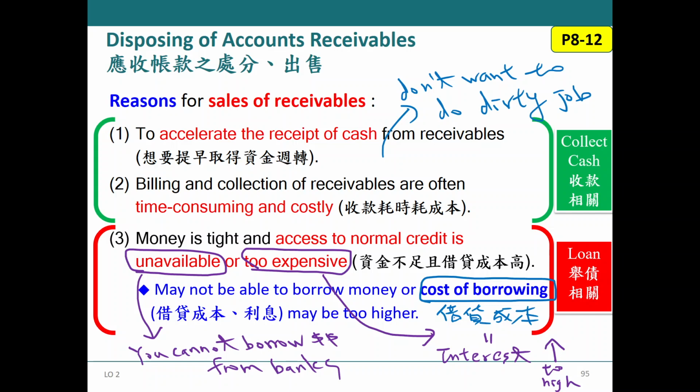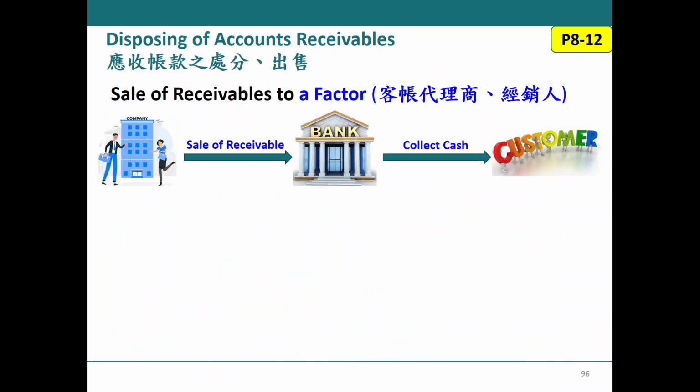No problem? Okay. So no matter what, based on the first reason or second reason, you sell your receivables to the bank, right? Okay. So the bank, the company, buys your receivables. We call it factor. So the bank is the factor.